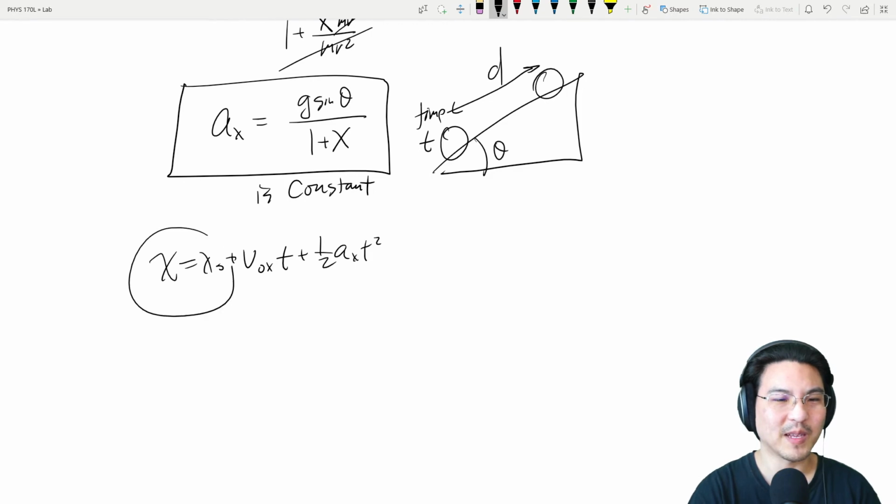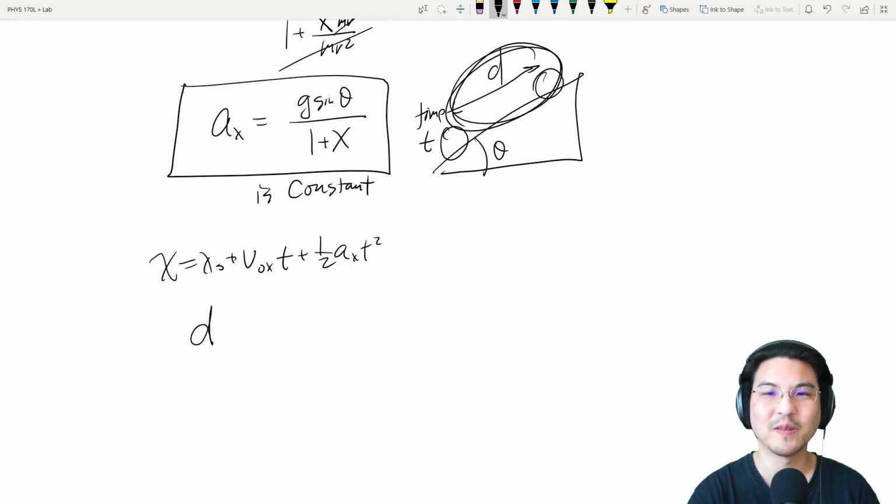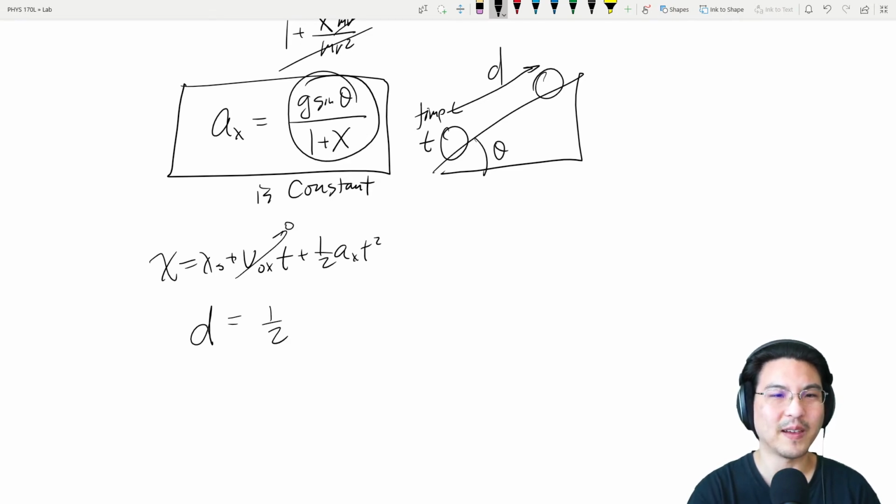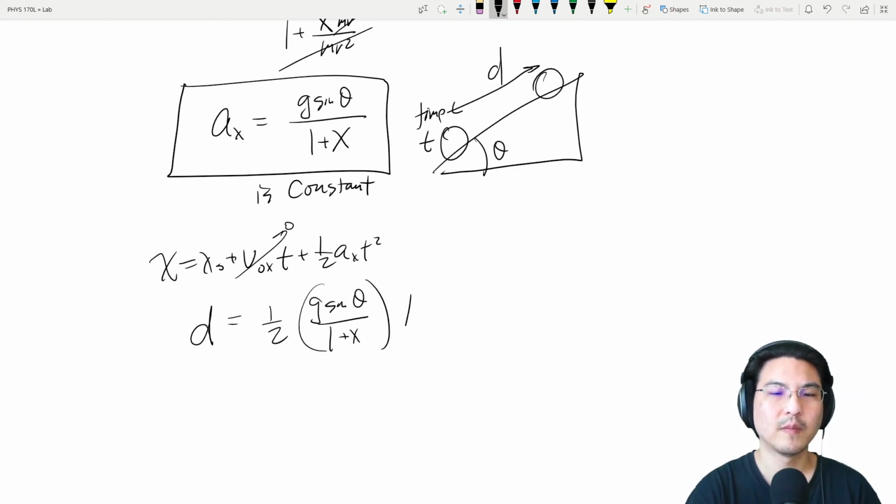Okay, so x minus x naught is that distance d that you measured right here. And then v naught, initial velocity, if you start at rest, that's 0. And then we're just left with 1/2 ax t squared.